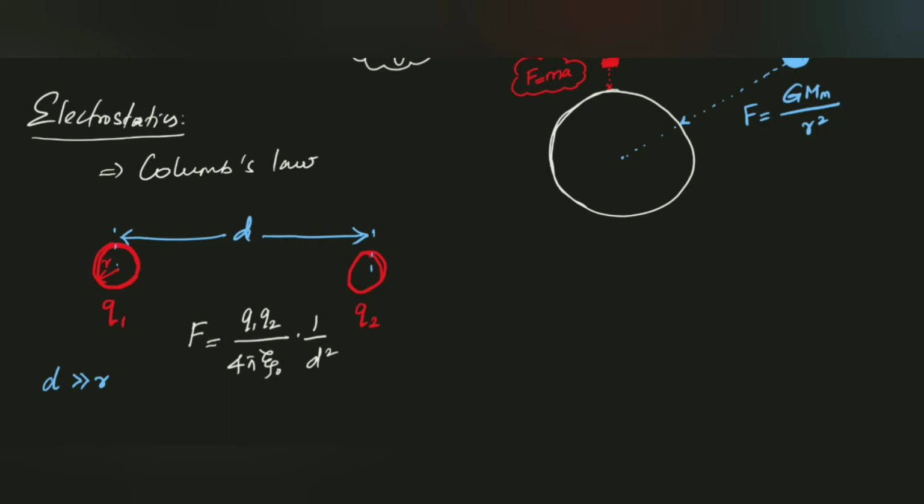For now, I'm going to show you an example of electrostatics. In your lower classes, or for experimentation, you would have gone through this experiment: if you take a comb and rub it over your hair or head, or over a woolen surface, then you bring it close to a piece of paper, and you can see the paper gets attracted and sticks.